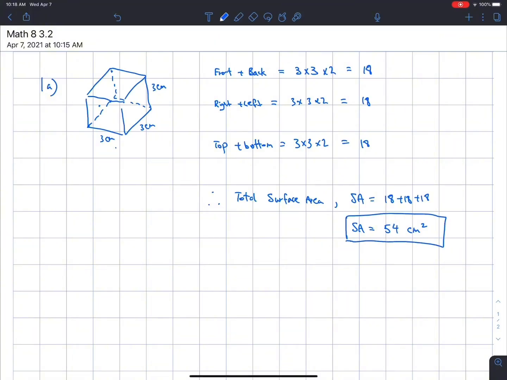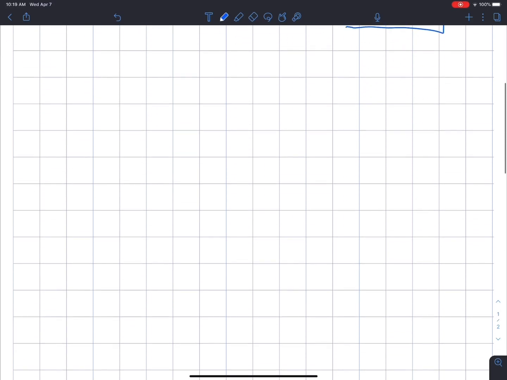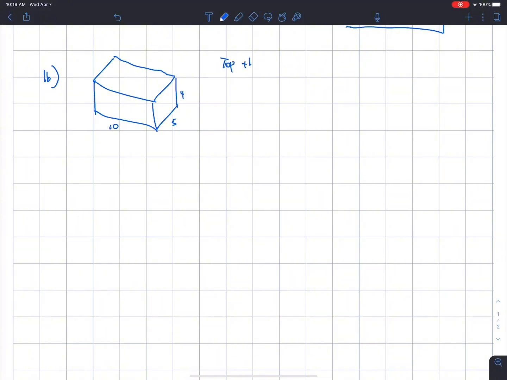Okay. And then moving on to 1b. We have a rectangular prism. So again, we'll have top and bottom.